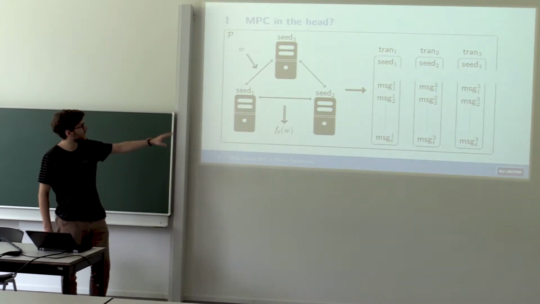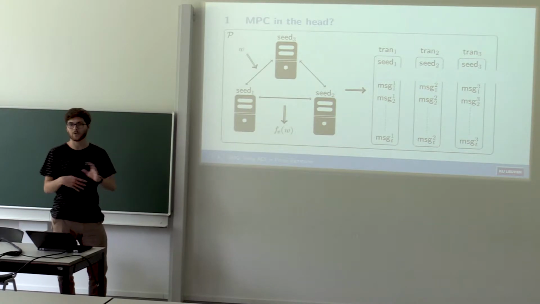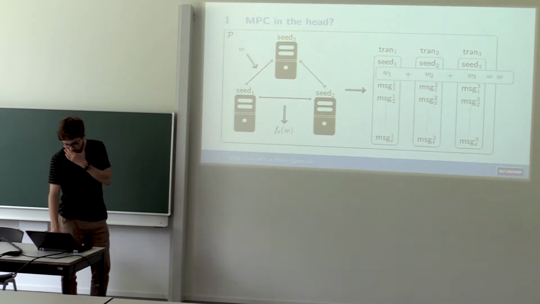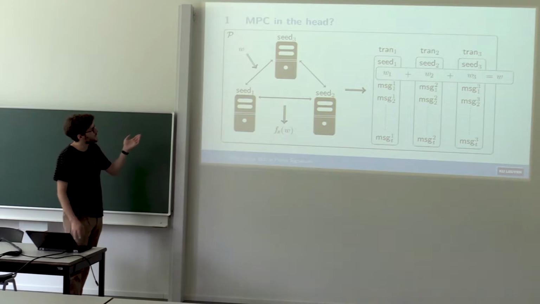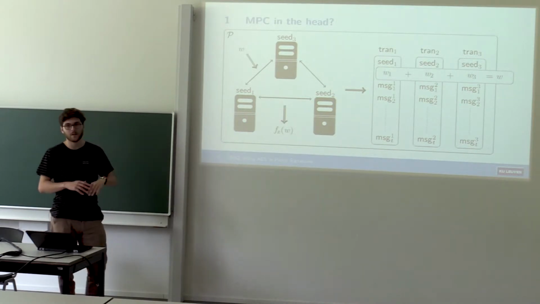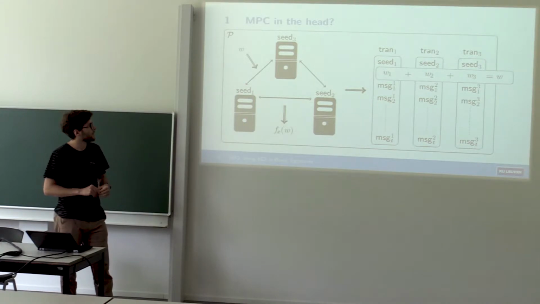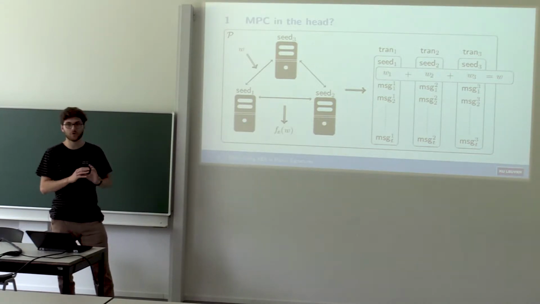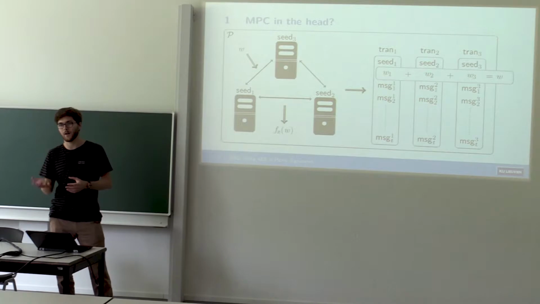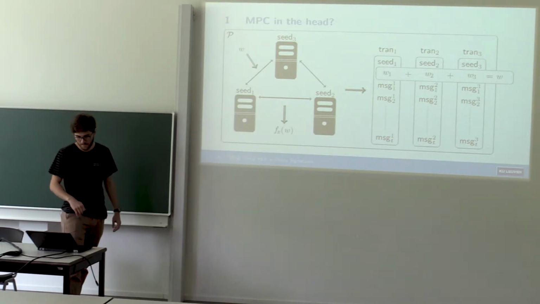They also have all the messages that the servers send to each other during the computation. We see here that the 3 pieces of the witness put together again create the true value. But even if 2 servers were to join together, it wouldn't be enough to find the real value. This is how we're protecting the witness in some sense.